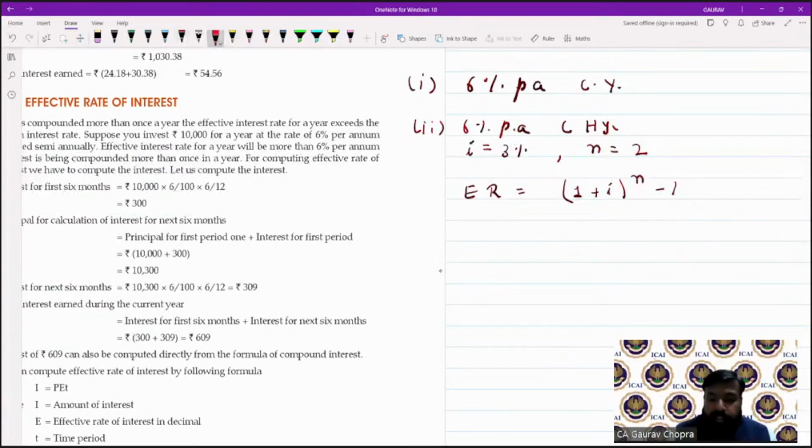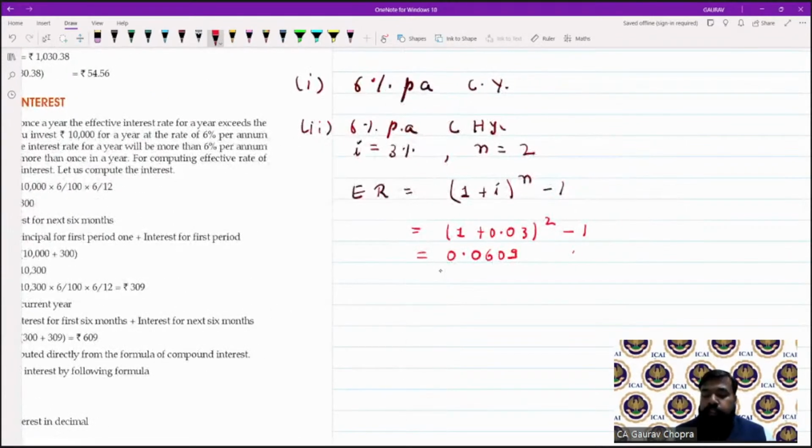So let's simplify this. 1 plus 0.03 to the power of 2, minus 1. So we are getting 0.0609, and to calculate in terms of percentage, we multiply with 100, so it will be 6.09%.